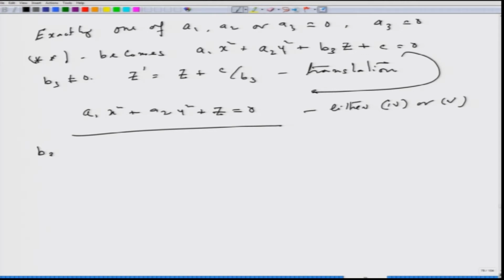Now, if B3 equal to 0, then this equation becomes A1 x square plus A2 y square plus C equal to 0. Now, C equal to 0, this gives which one according to our number?